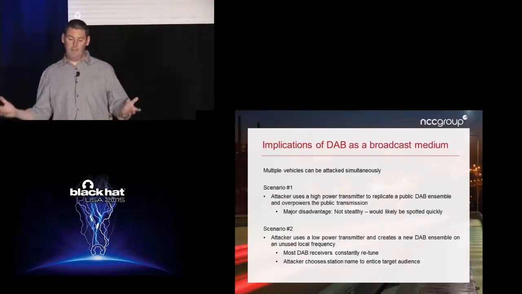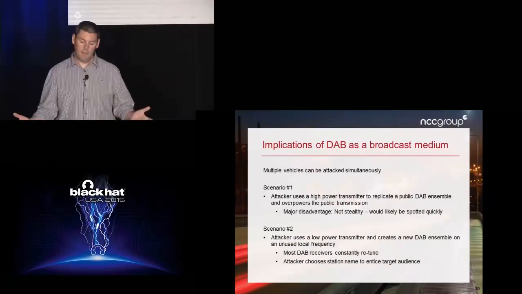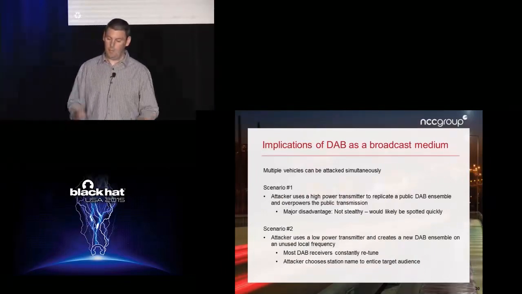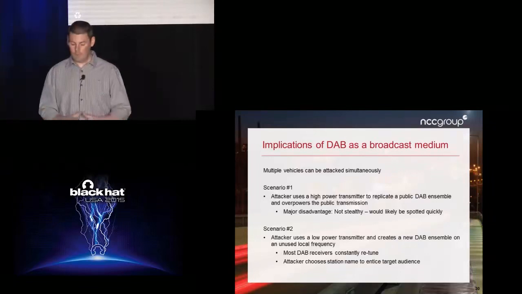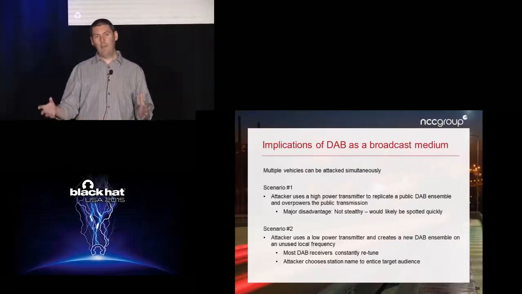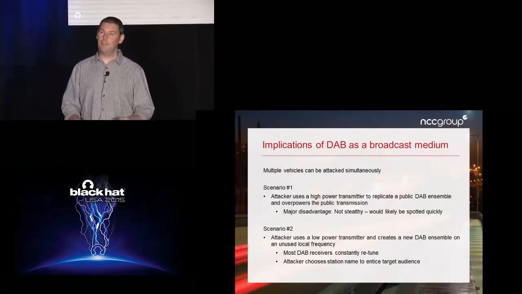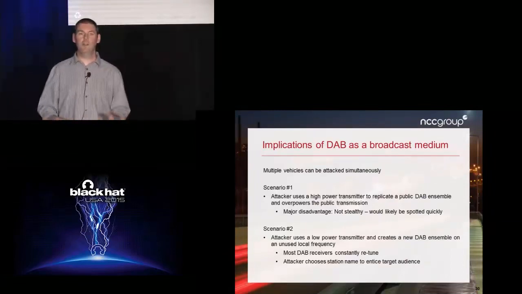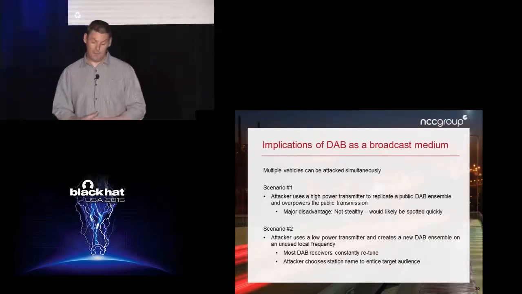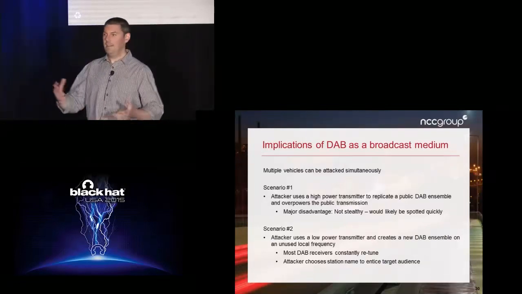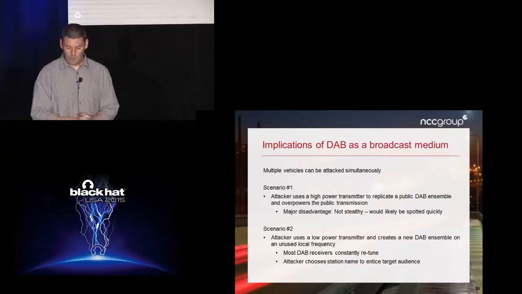The fact that DAB is broadcast, obviously there's the prospect of attacking many vulnerable vehicles simultaneously. So you could have two different scenarios here. One where the attacker uses a very high power transmitter to overpower a signal that's already there. So if you know that everybody's tuned into a popular radio station, you can overpower that with a very high power transmitter, so that as they get into range of your transmission, their radio is going to start picking up your signals.